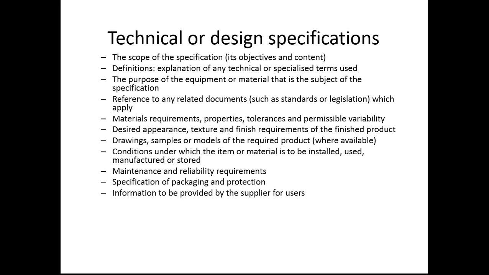The purpose of the equipment or the material, how it's going to be used, reference to any related documents, again, such as standards or legal documents which apply, the material requirement, the properties, the tolerances, plus or minus 2%, whatever it may be, variability, how much is going to be allowed, desired appearance, textures, finishes, etc.